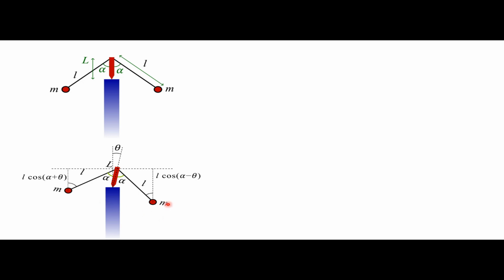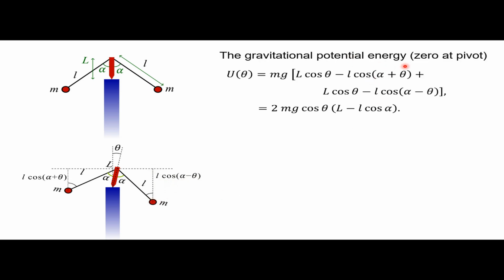On the other hand, for the right hand side mass, this length is going to be L cos theta minus l cos alpha minus theta. So our potential energy expression is going to be mg for this mass L cos theta minus l cos alpha plus theta, and for this mass we have L cos theta minus l cos alpha minus theta.